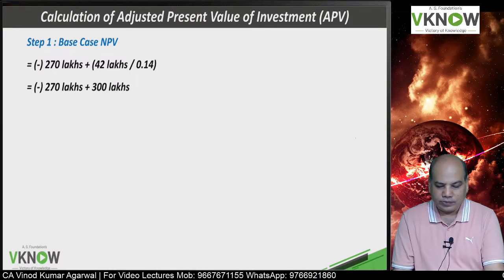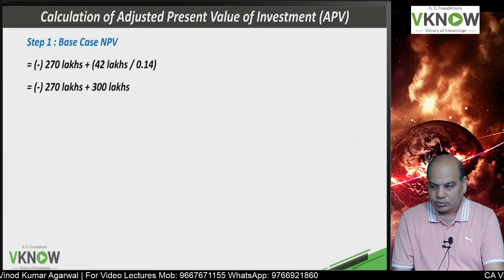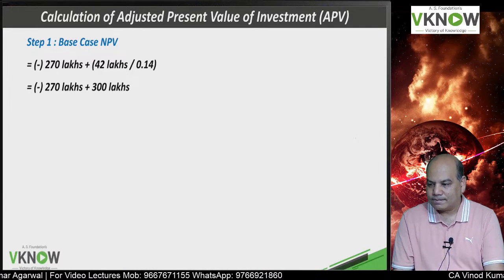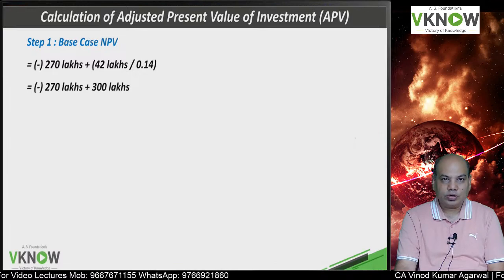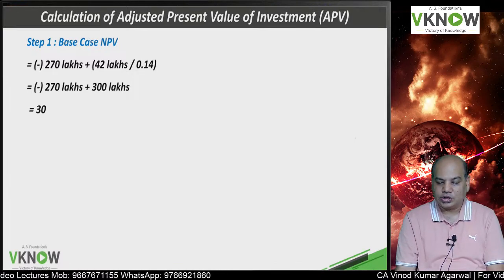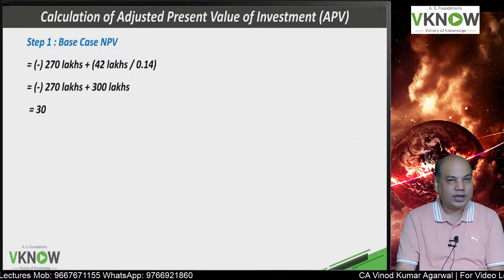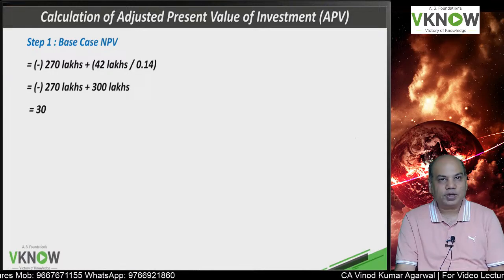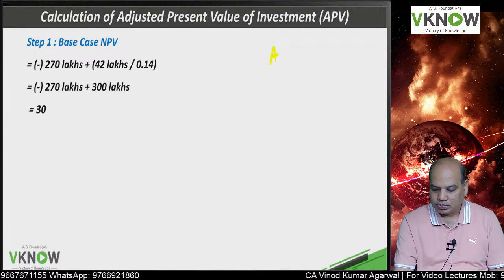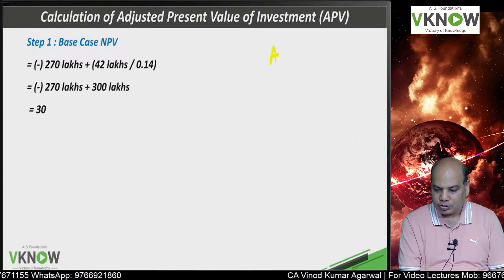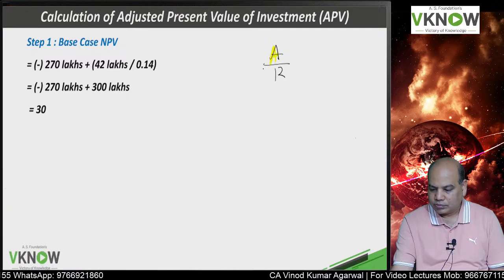Minus 270 lakh is your initial investment in the project and 300 lakh is your PV of future cash inflow. If the project has infinite life, the present value formula is A upon R, if it is an infinite annuity.